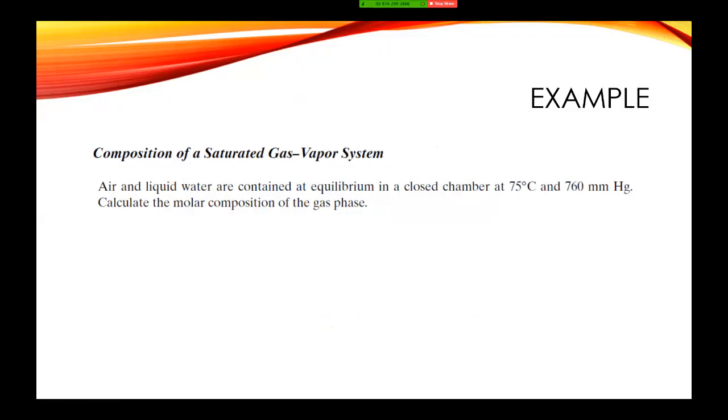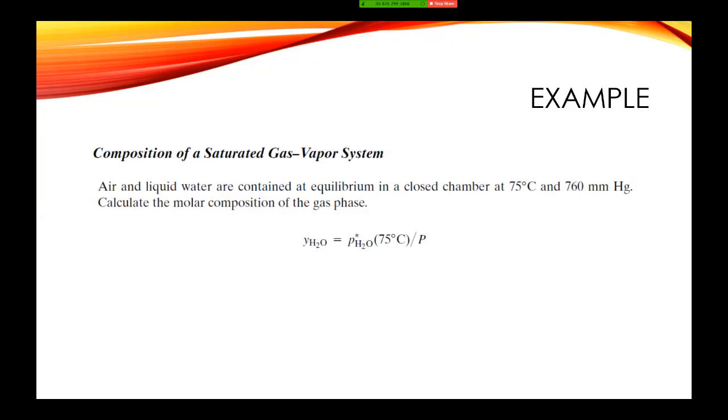It says: composition of a saturated gas vapor system. Air and liquid water are contained at equilibrium in a closed chamber at 75 Celsius and 716 millimeters of mercury, so atmospheric pressure. Calculate the molar composition of the gas phase. So that's what we have to do. We have Raoult's equation.